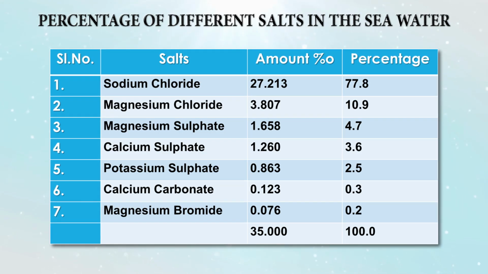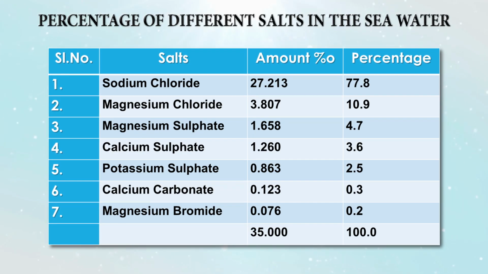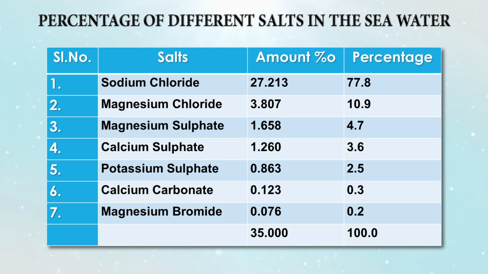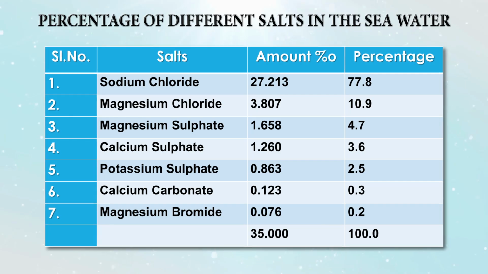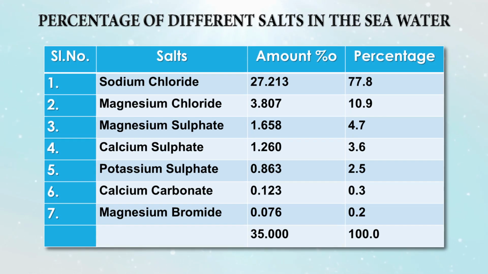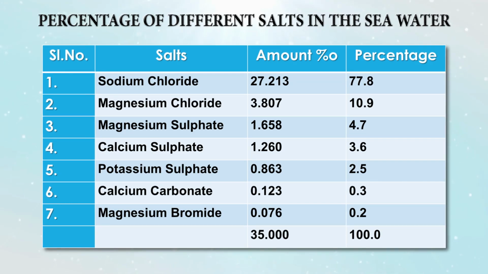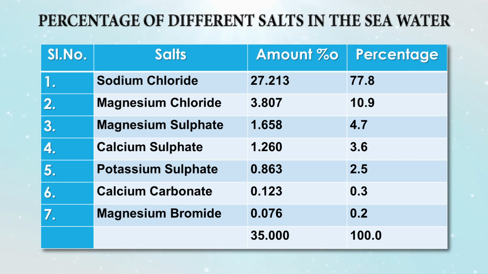And then we have other salts like magnesium chloride, magnesium sulfate, calcium carbonate, etc. The rightmost column is shown in terms of percentage. So both in terms of per thousand and in terms of percentage, the amount of different salts in the sea is shown in this table, and you can compare them.